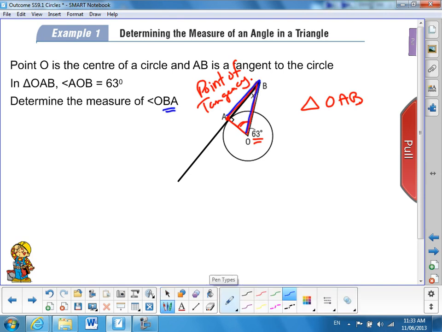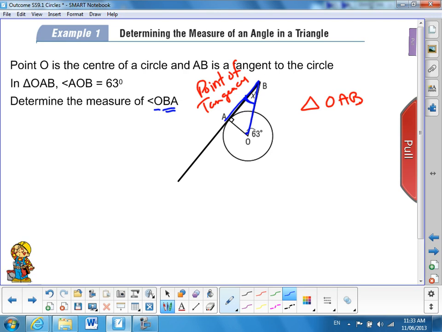When we're reading these, the letter in the middle is the vertex, the point at which the angle turns. So you have three letters to describe an angle. You go from the first letter O to the second letter B to the third letter A. That angle is OBA, and we're looking for that angle.